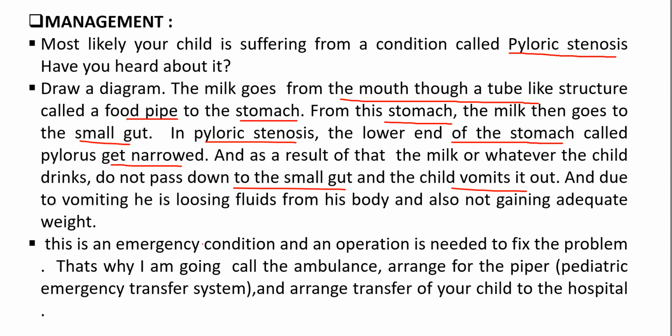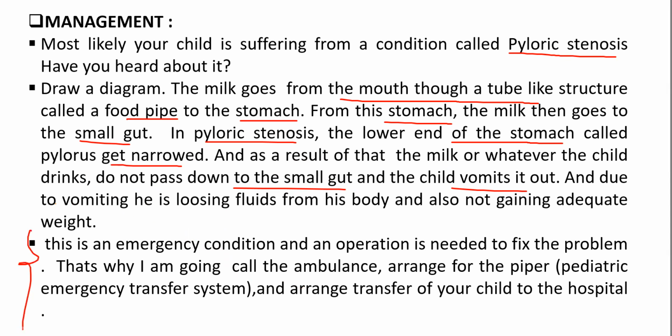Jenny, this is an emergency condition, and I'm sorry to say that the only fix is an operation. That's why I'm going to call an ambulance and arrange for a pediatric emergency retrieval team to transfer your child to the hospital as urgently as possible.